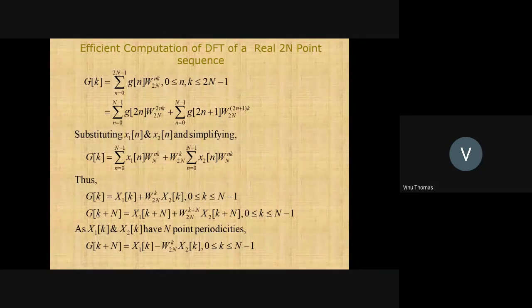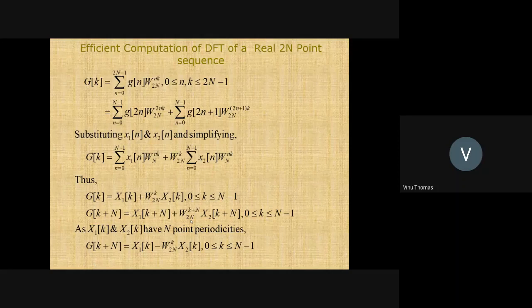So therefore you can write g of k plus n is equal to x1k. The second term is W2n raised to k plus n, so that is W2n raised to k into W2n raised to n. And you had seen previously that W2n raised to n would be, let us calculate that for a second, e raised to minus j 2 pi by 2n into n.